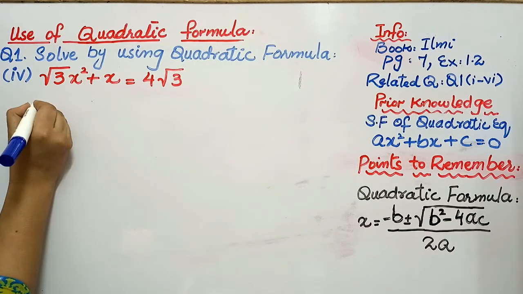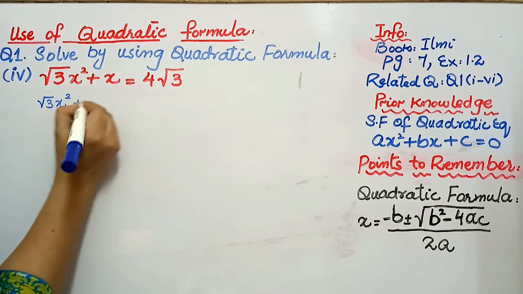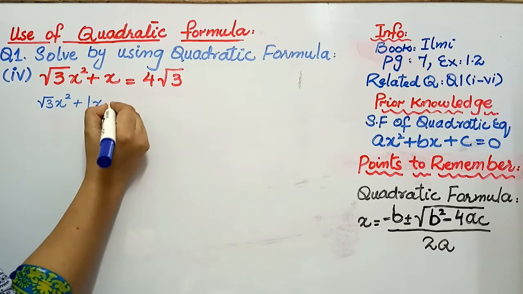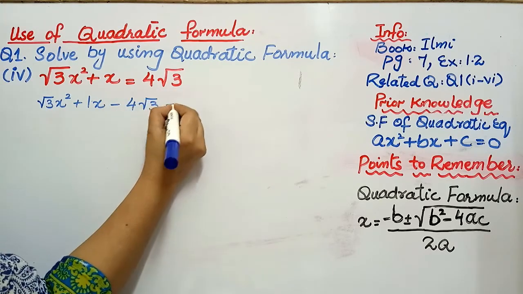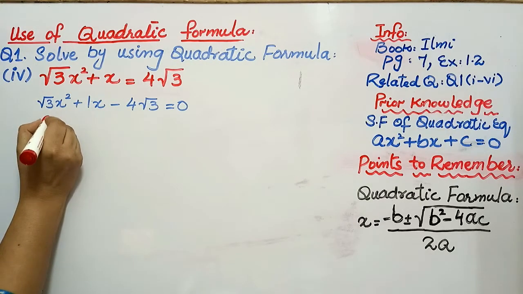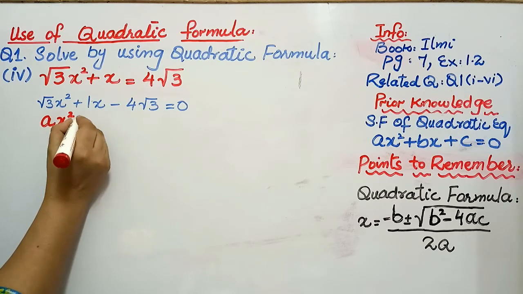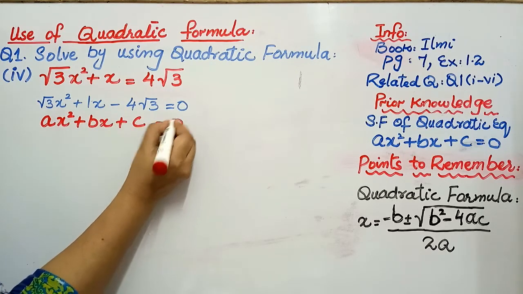So, under root 3 x square plus 1 into x minus 4 under root 3 is equal to 0. This is the standard form of the quadratic equation, ax square plus bx plus c is equal to 0.